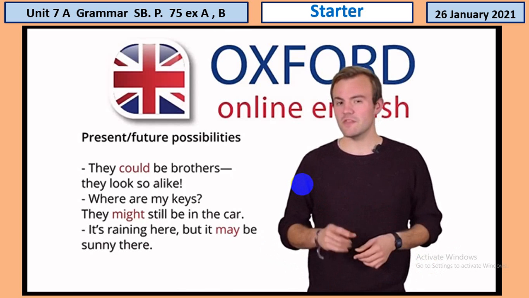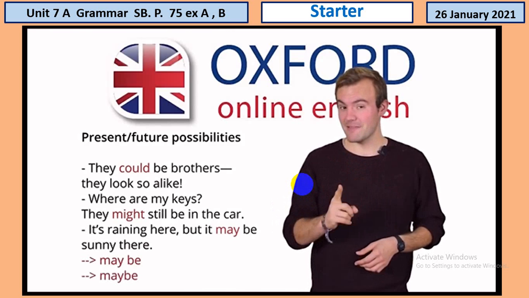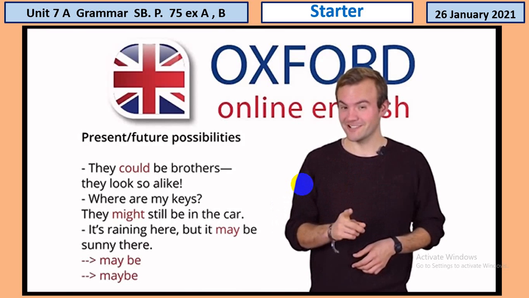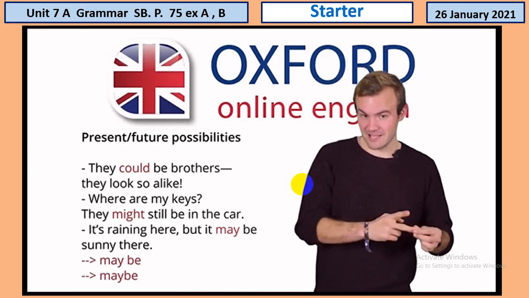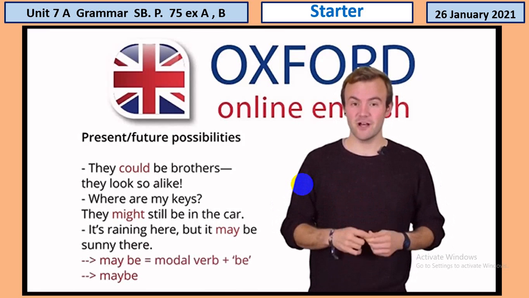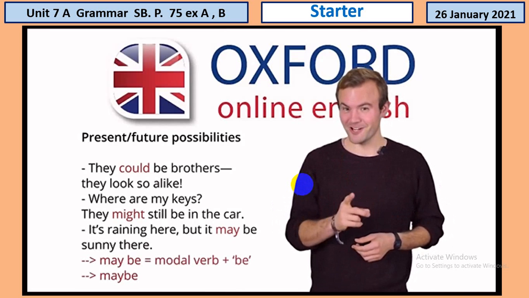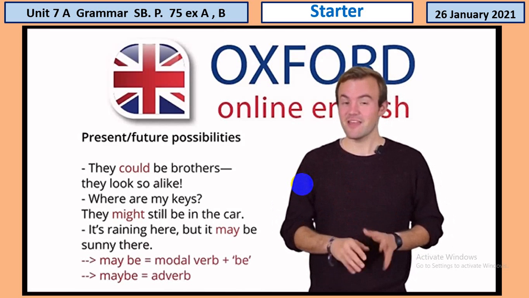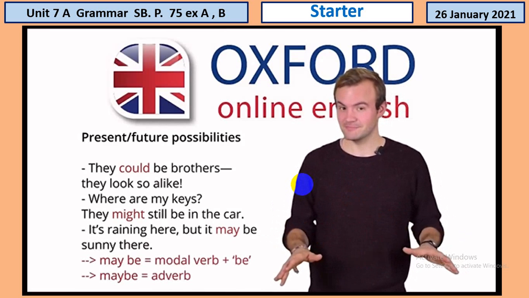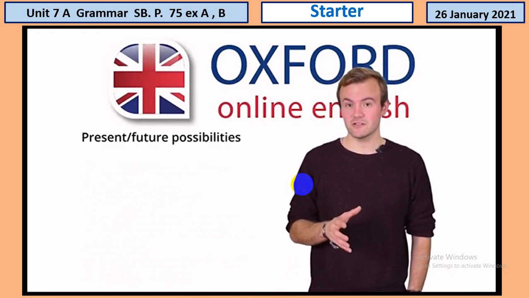Be careful with may be, 2 words, and maybe, 1 word. May be, 2 words, is a modal verb plus the verb be. Maybe, 1 word, is an adverb. They aren't the same. You can also talk about possibilities in the future.